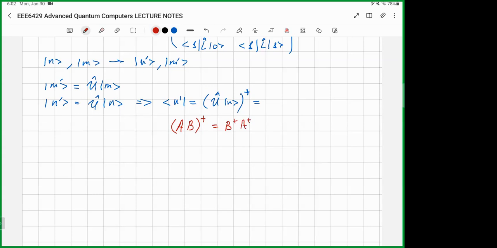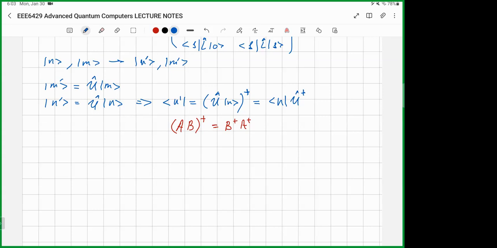So basically the same matrices, but written in the opposite order. So it's equal to bra n times U dagger.